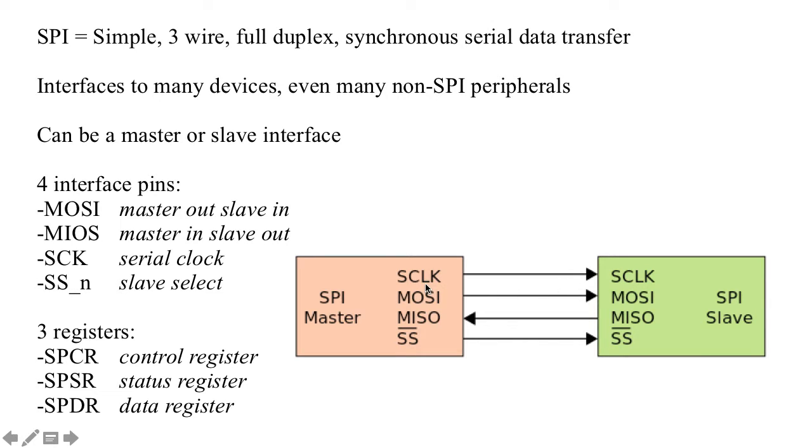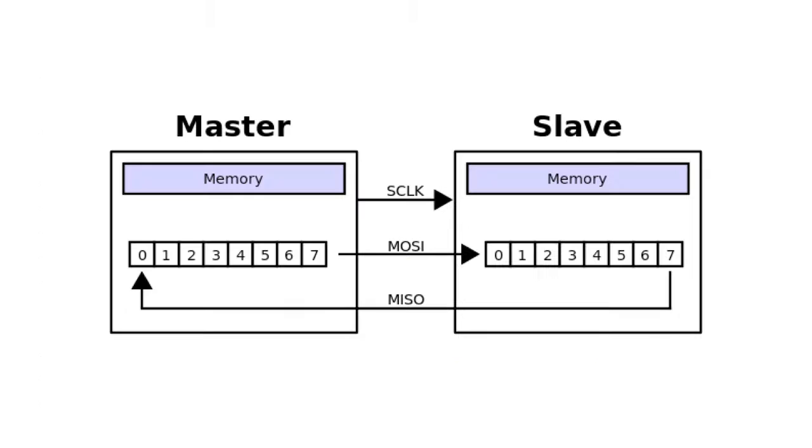There's a hardware interrupt request line which you can use as well. However, that's often optional. And then there are these registers: the control register for controlling the transfer, the status register for the status of the transfer, and then the data register, which gets packed with the data prior to the transfer. And after the transfer, you unpack from the register.